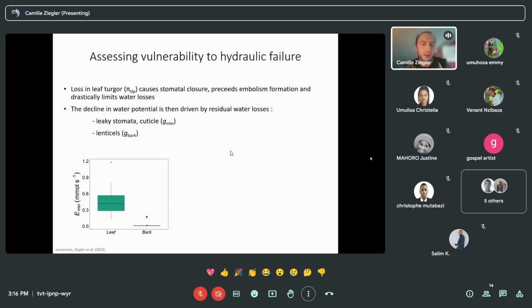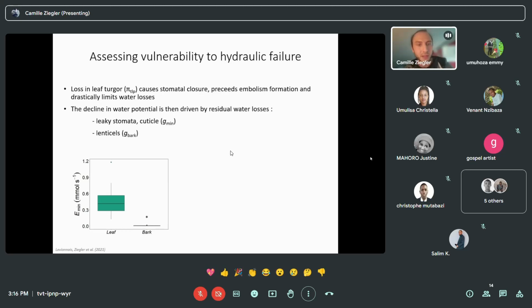What's important to see on the graph below is that E-min, which is total transpiration from leaf and bark, is really uneven. Because in a tree, the leaf surface is tremendously higher than the bark surface, and so the amount of water lost from leaves is a lot higher than the amount lost through bark.